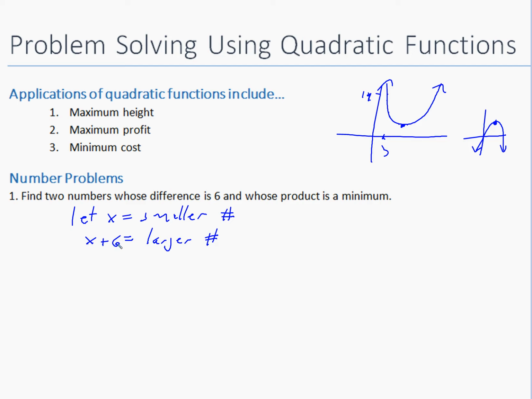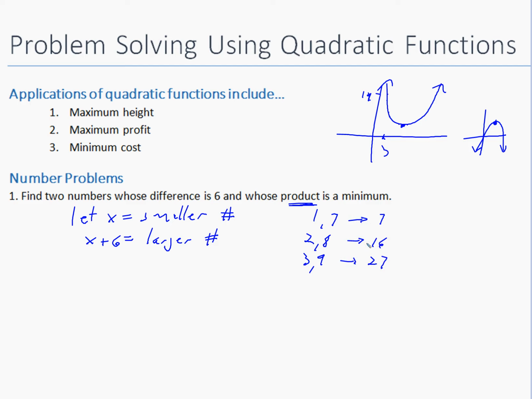So for example, 1 and 7, their difference is 6, 2 and 8, 3 and 9. And then we want the product to be minimum. The product is multiplying them together, so our different products are 7, 16, 27.